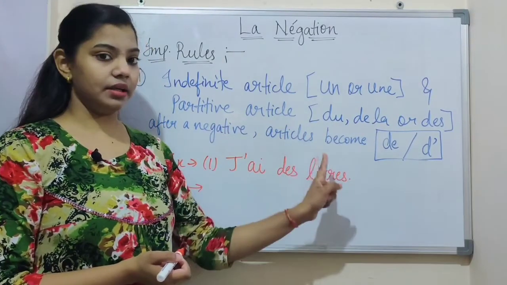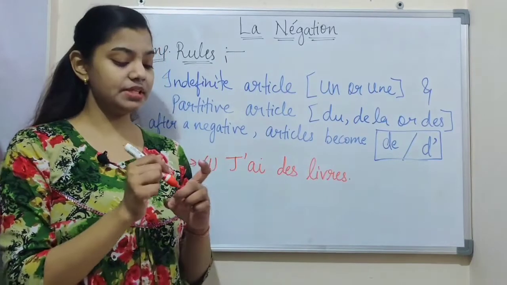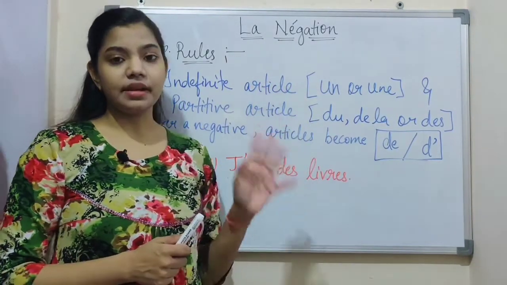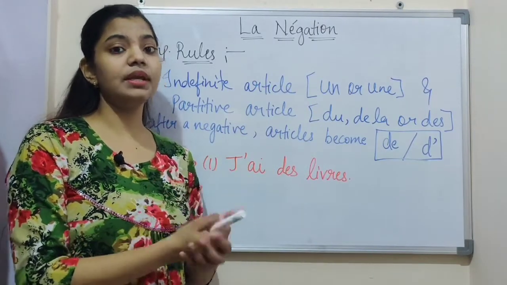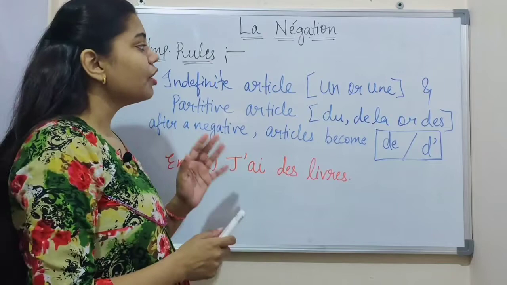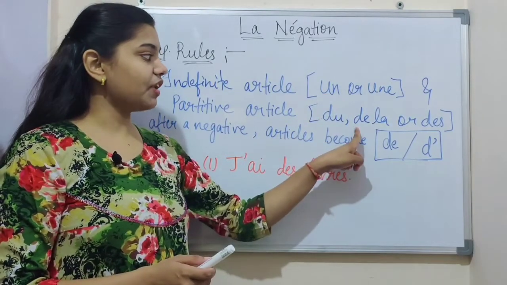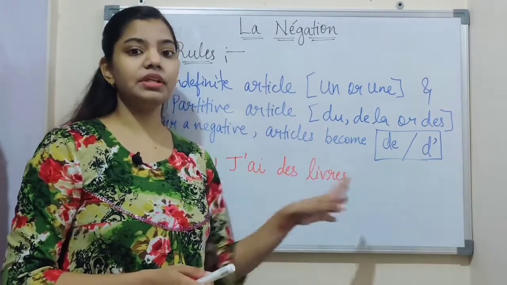If we have an indefinite or partitive article in the sentence and we make it negative, we remove these articles, and they become de or d' in the negative sentence.